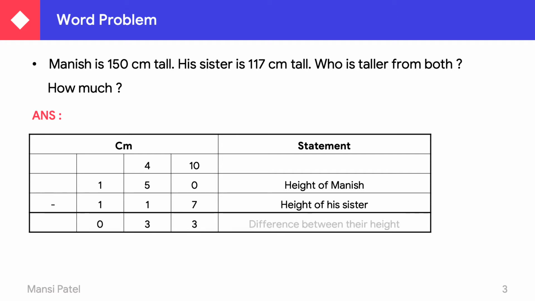So this 33 centimeter is the difference between their heights. Whose height? Manish's height and his sister's height. Therefore, we can say that Manish is taller of the two, by 33 centimeter.